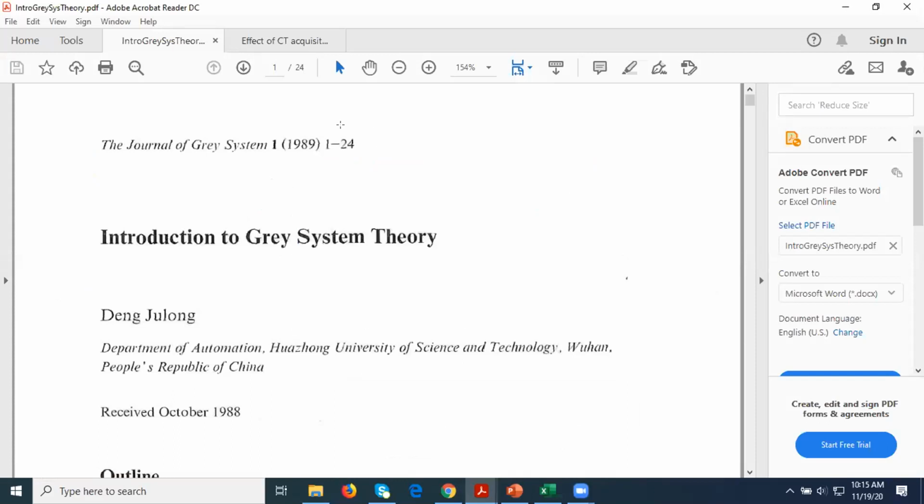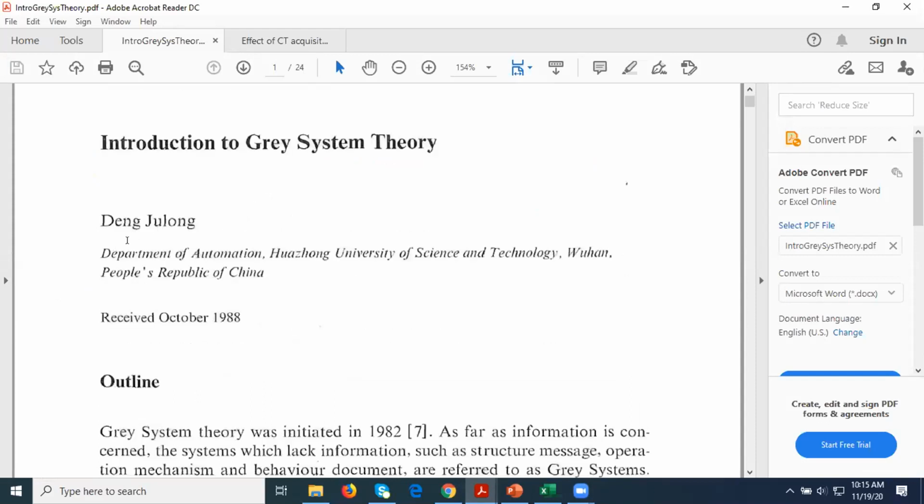You can see here, this is the grey system theory. In this grey system theory, one part is the gradation analysis. He is Deng, an engineer in automation systems from China.